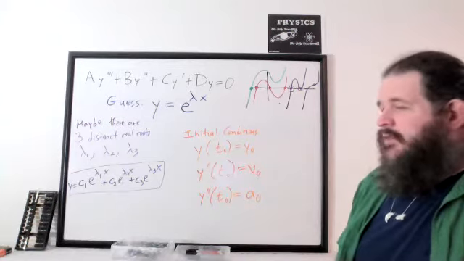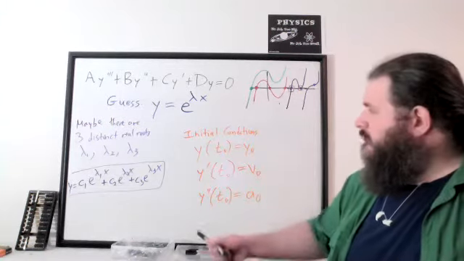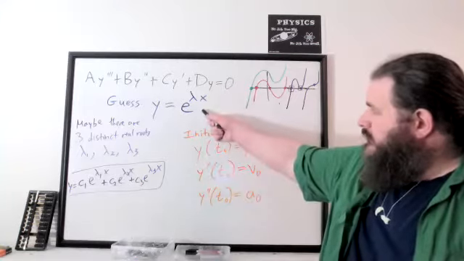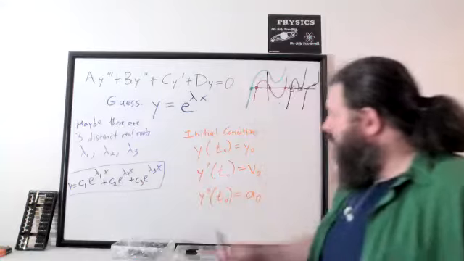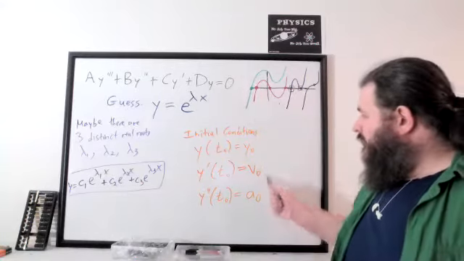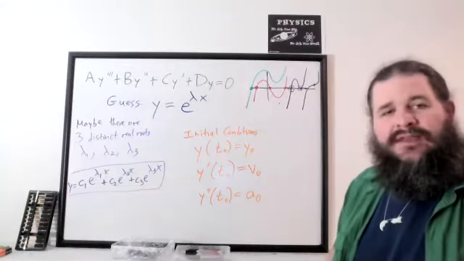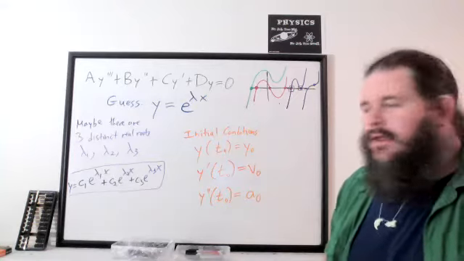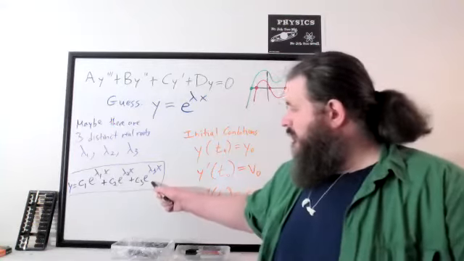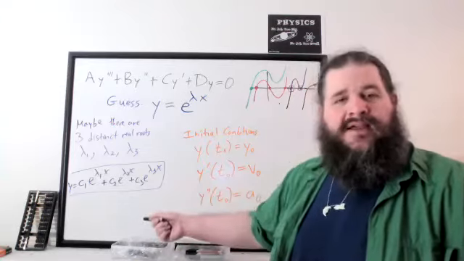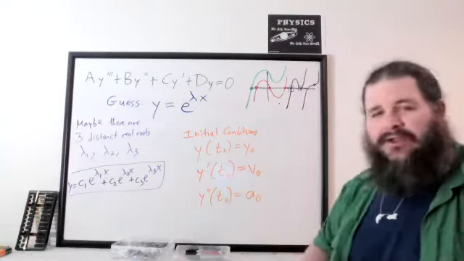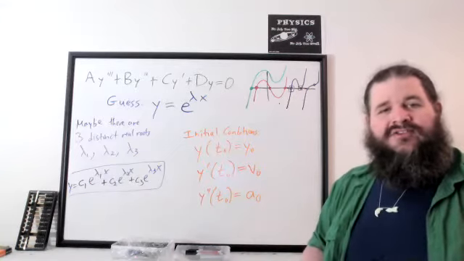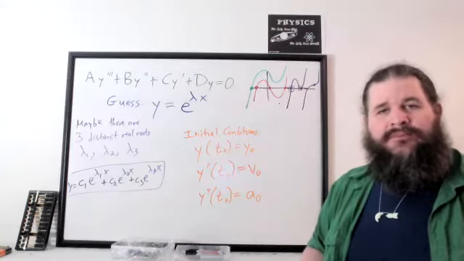In order to solve a third order initial value problem, you first find the solutions to the characteristic cubic, use those to form the general solution, and then you could use the initial conditions to find the values of C1, C2, and C3. That means you'd have to take the first derivative of your solution and also the second derivative of your general solution, and then plug in all three of these values in order to get three equations that you can solve for C1, C2, C3.